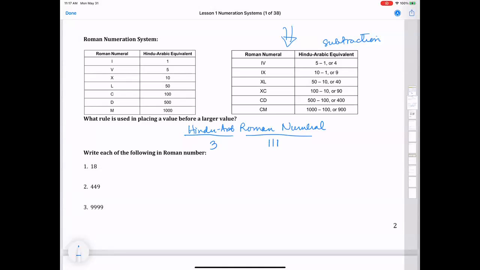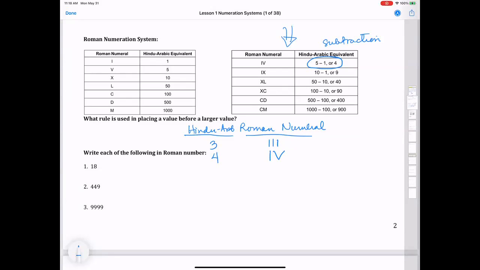However, you're not allowed to use more than 3 of the same symbols consecutively. So you cannot use 4 I's consecutively. So how does 4 get represented? We will now use the subtraction property, which means that if you place a unit of that object in front of a bigger value, then you're subtracting 1.